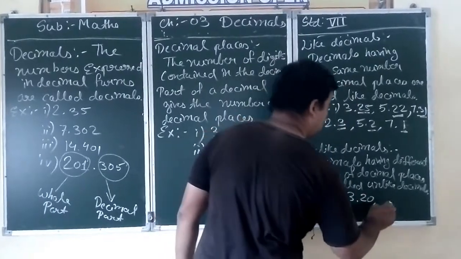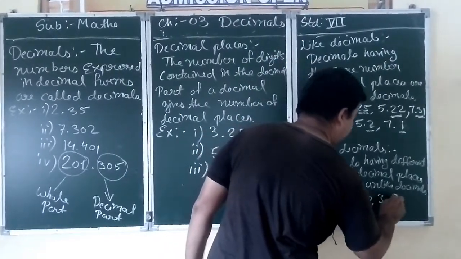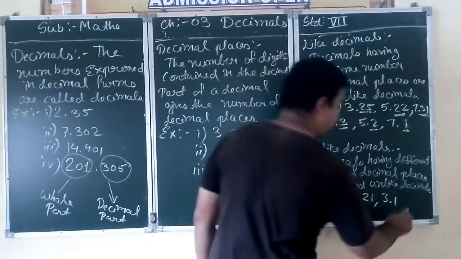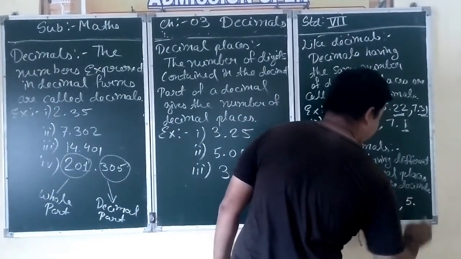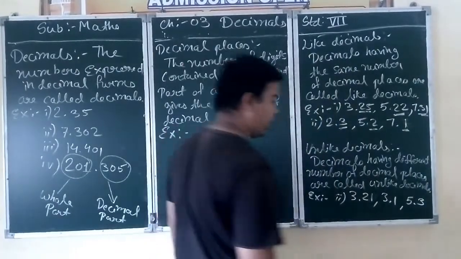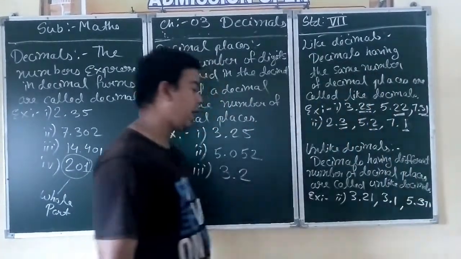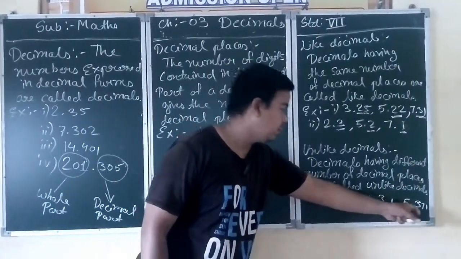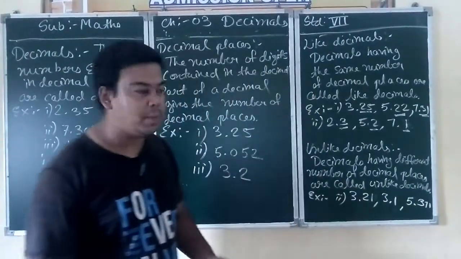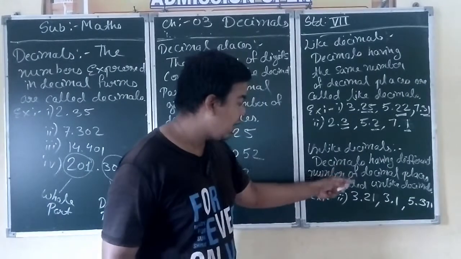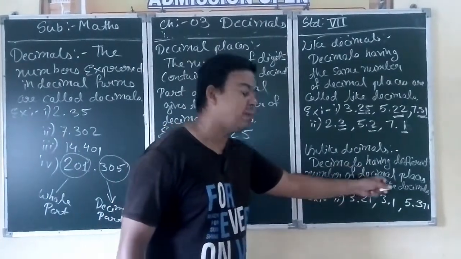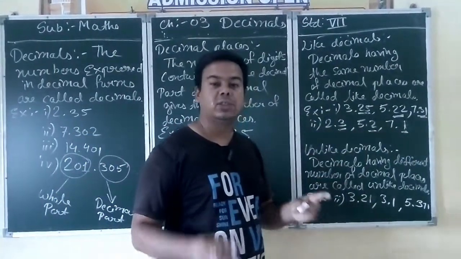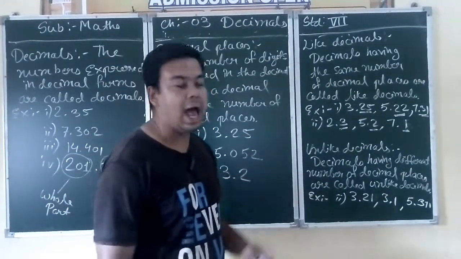For example, 3.20, 3.1, 5.371. Here there are tens, hundreds, thousands, so the decimal parts have different numbers of places.